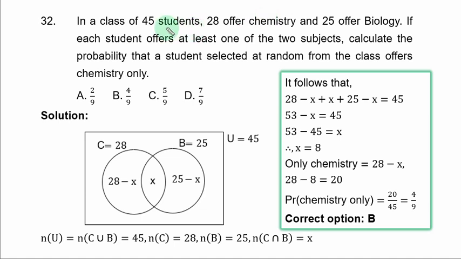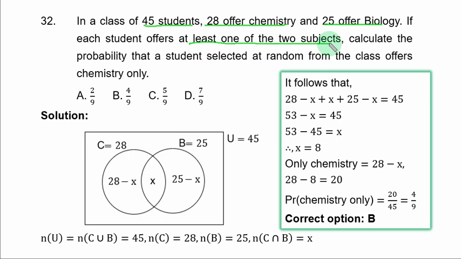Question 32. In a class of 45 students, 28 offer chemistry, 25 offer biology. If each student offers at least one of the two subjects, that at least means it offers 1 or 2.